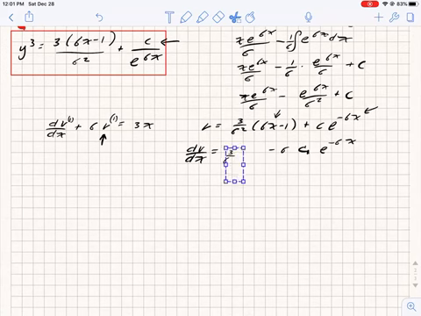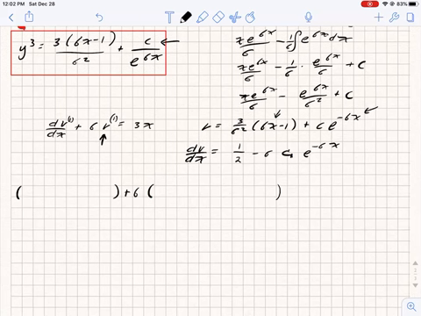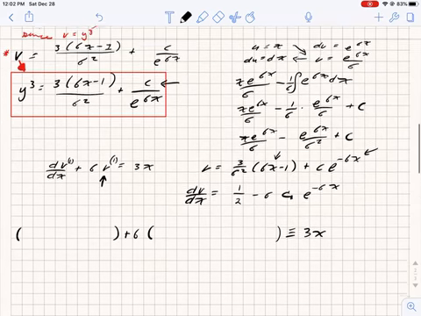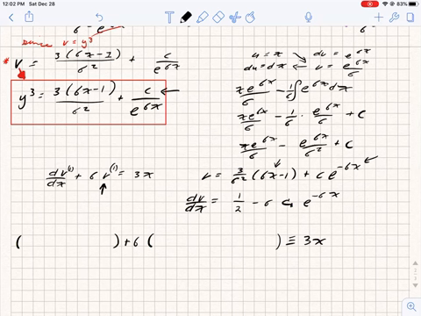So ultimately we're just left with this. And we can even simplify this to 1/2. So this is the derivative of v. So now we need to substitute. We're going to have something for dv over dx. We're going to have something for v. And it's going to be identical to 3x.